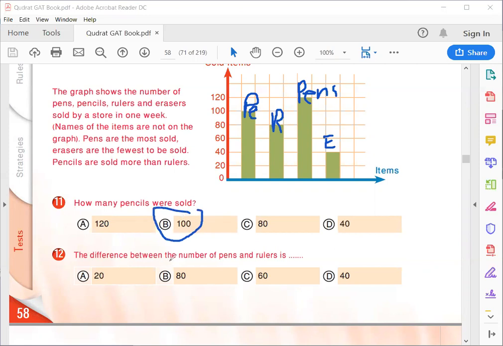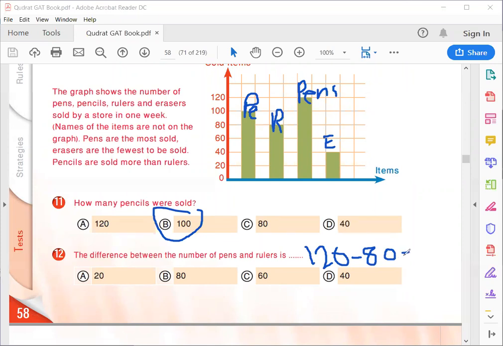The difference between the number of pens and rulers, what is it? I have rulers here 80. Pens, I have 120. So you only subtract 120 minus 80 equals what? No, be careful, Nora.